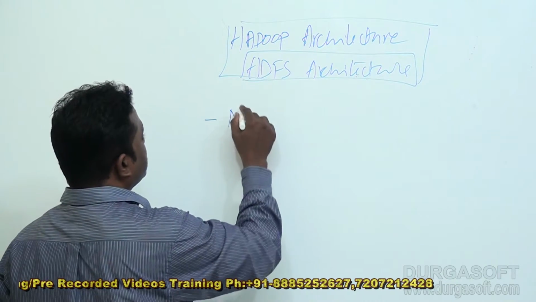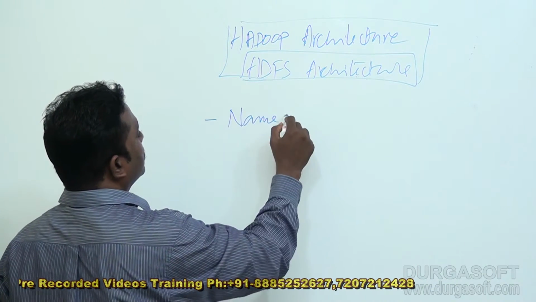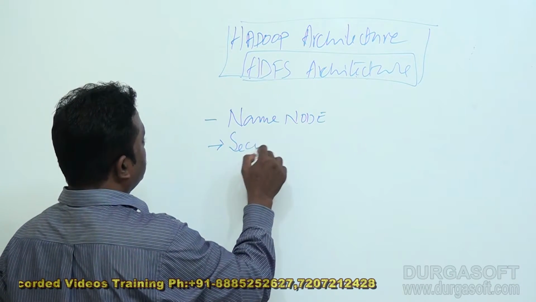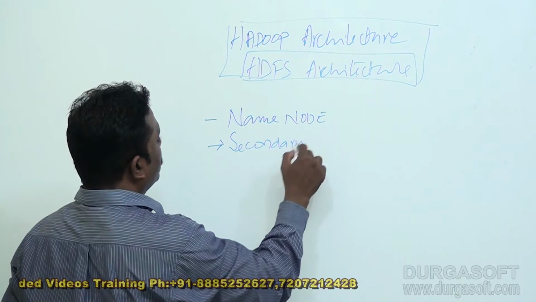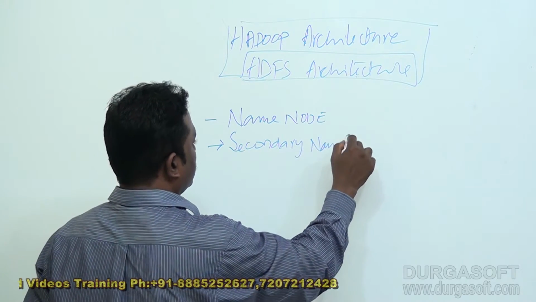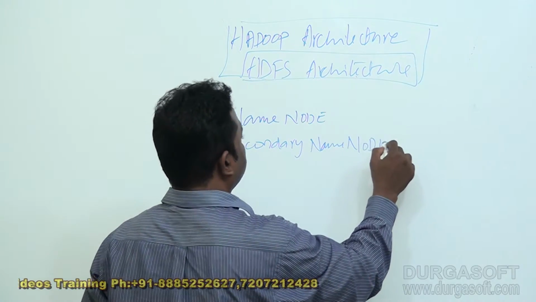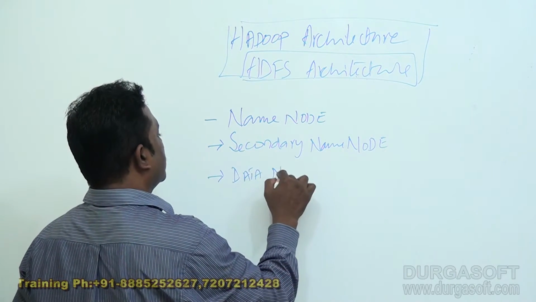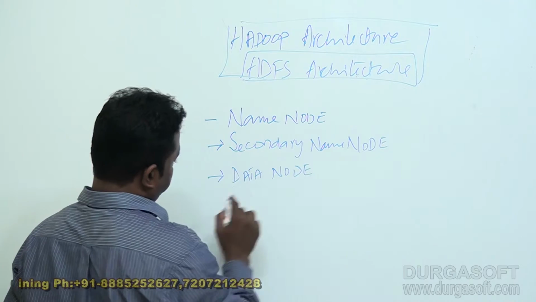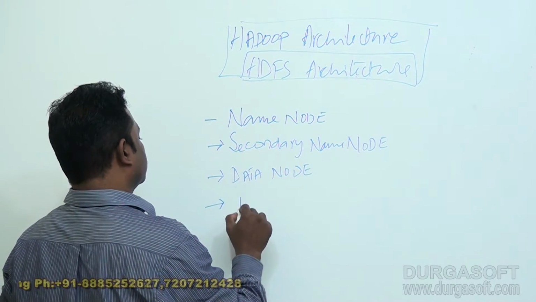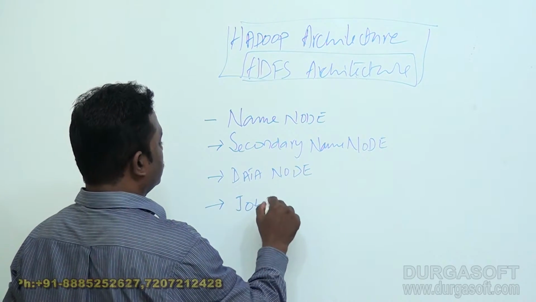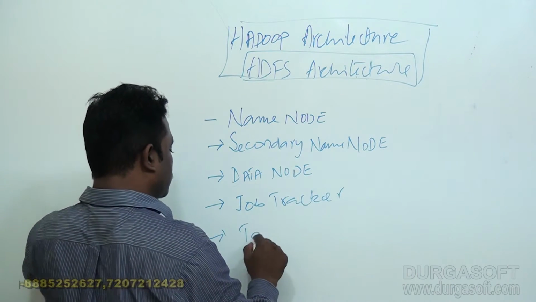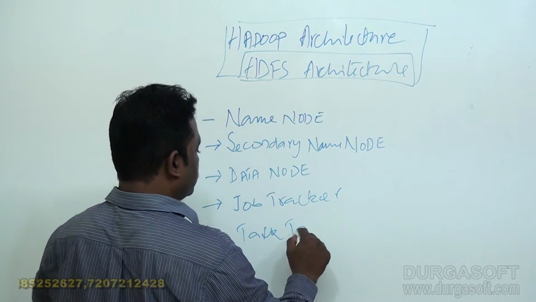So one is name node, secondary name node, data node, job tracker, and task tracker.